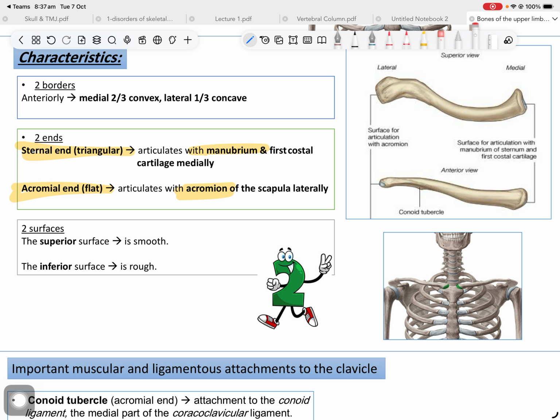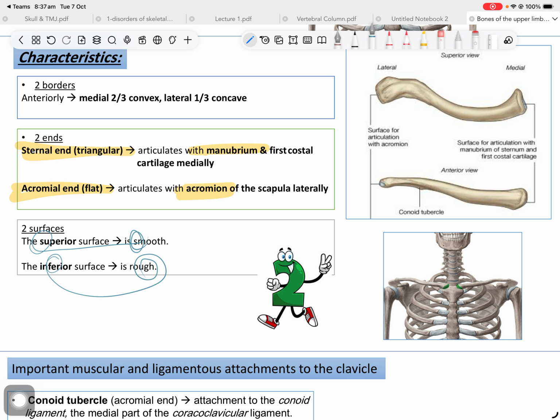Next, let's talk about the surfaces. I have two surfaces here: the superior surface and the inferior surface. What are the characteristics of each surface? The superior surface is a smooth surface, while the inferior surface is a rough surface.